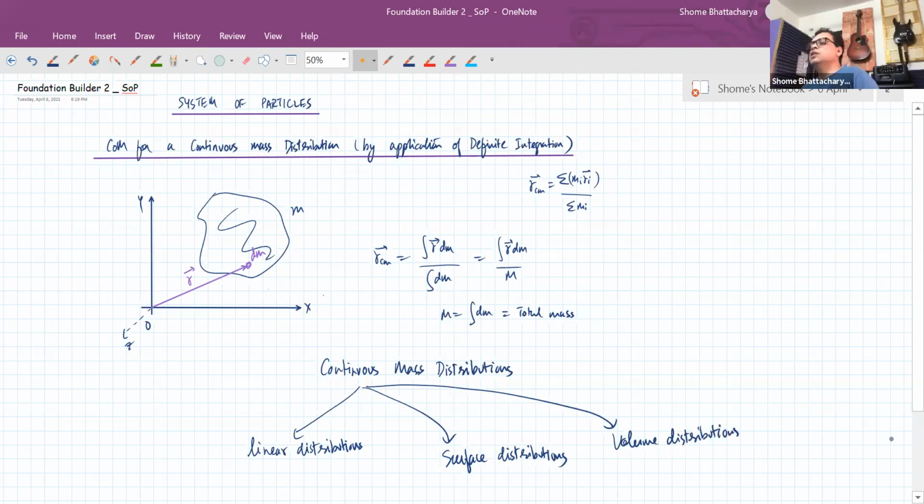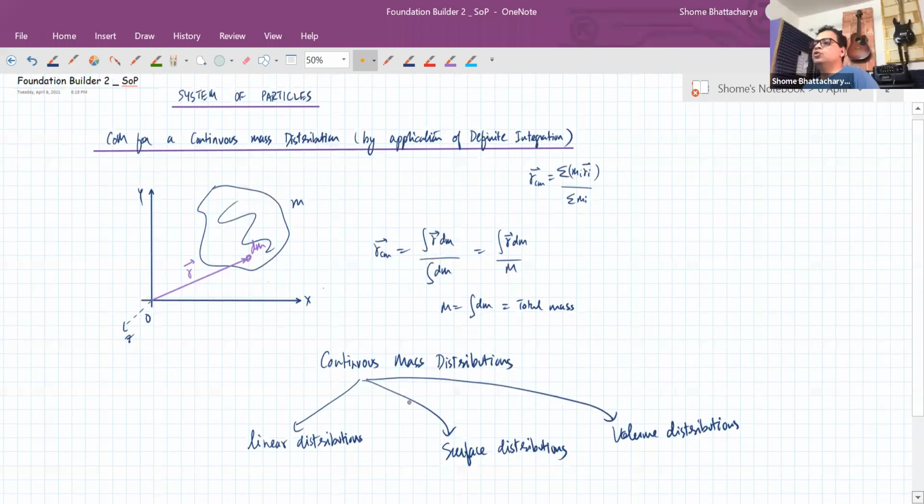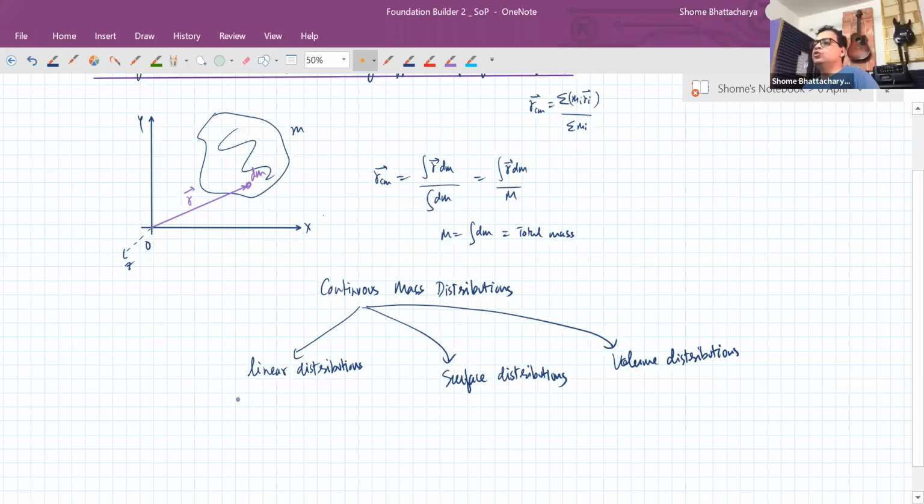And accordingly, we have to learn how to choose our differential element and how to set up the integration. So a linear distribution, for example, would be a thin rod or a thin arc, or a rope, chain, etc. The mass is distributed over a length, a linear distribution. Similarly, a surface distribution would be any surface type of material.